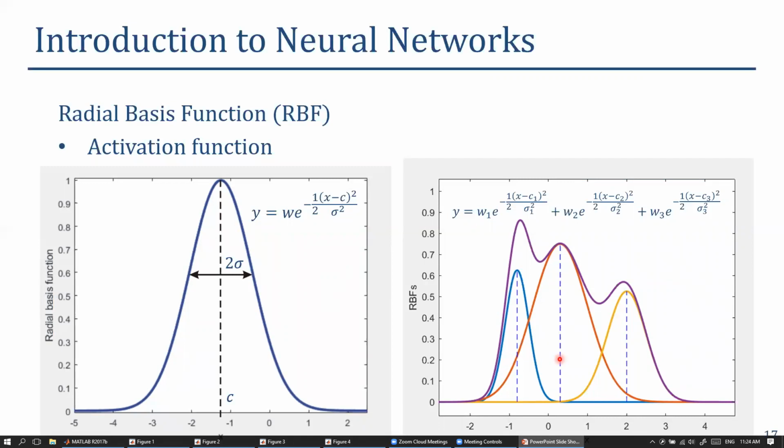Each neuron is represented by a Gaussian function, which can be positioned in different places around the operating region. It has a different width and a different height, and a sum of the neurons is then our resulting function, which is purple in this case.